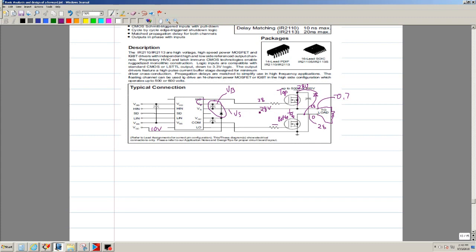It's no longer at 28 volts, it's at 0.7. So now it gets to charge that cap during the off time. I'm going to call it V charge capacitor. It gets charged during the off period, where the MOSFETs are off.